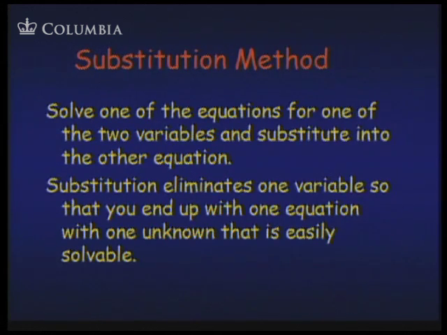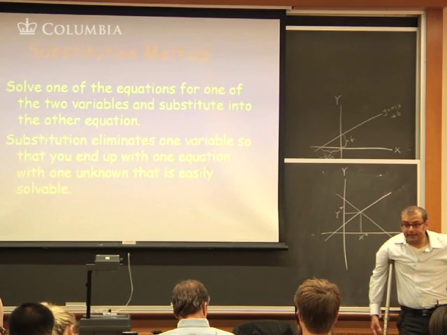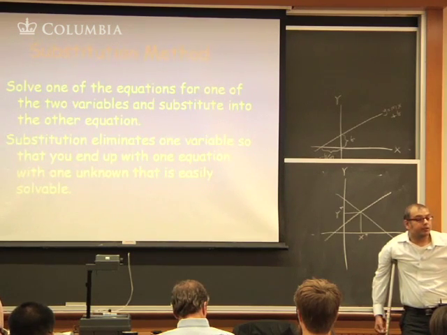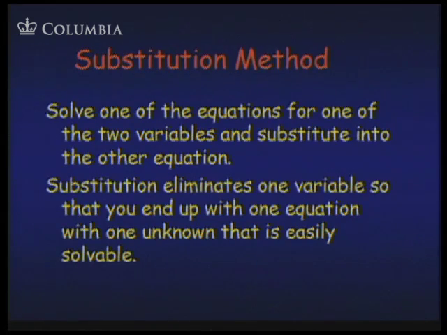So you're expressing x in terms of the other variable y, or y in terms of the other variable x, and then you substitute that expression for x into your remaining equation, so that you end up with one equation in one unknown, and you all know how to solve that algebraically.